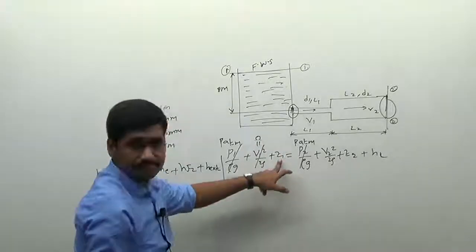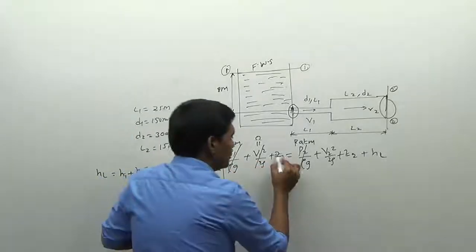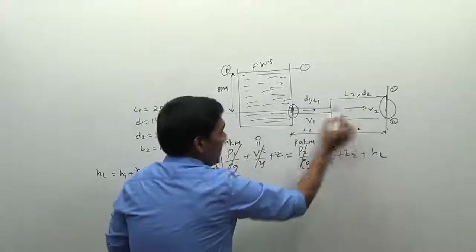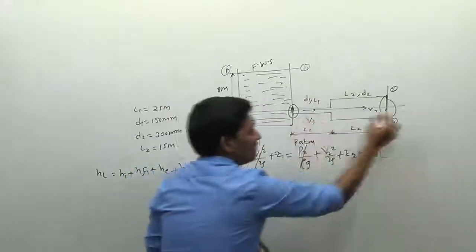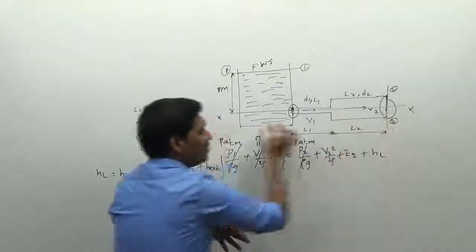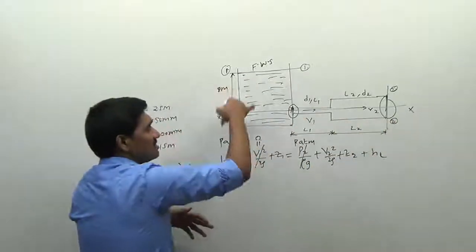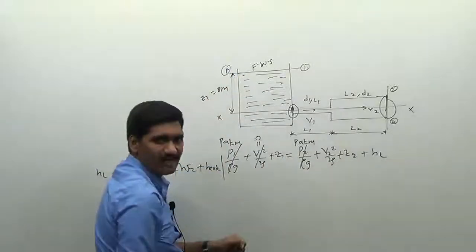So Z1. What is the distance of this section 1 from the datum line? I am taking the axis of the pipeline as the datum line. Let it be some datum line XX here. So from the datum line to the topmost surface, the height value is equal to Z1. Therefore, Z1 is equal to 8 meters.